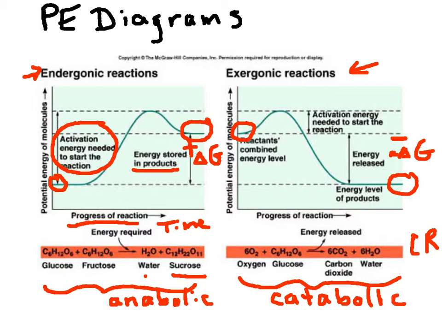So these are PE diagrams for both endergonic and exergonic reactions. I would like you to know what the words endergonic and exergonic mean as a concept, and I'd like you to be able to sketch a PE diagram for each of these. There's some new terminology here for you to learn, things like activation energy, delta G, exergonic, endergonic, anabolic, catabolic.